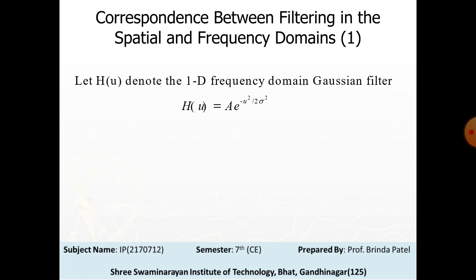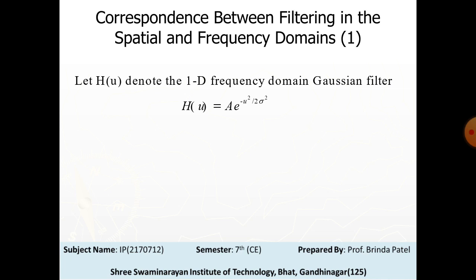Given a filter H(u,v), suppose that we want to find its equivalent representation in the spatial domain. Here let H(u) denote a one-dimensional frequency domain Gaussian filter. H(u) is equal to A e raised to minus u squared over 2 sigma squared, where sigma is the standard deviation of the Gaussian curve.